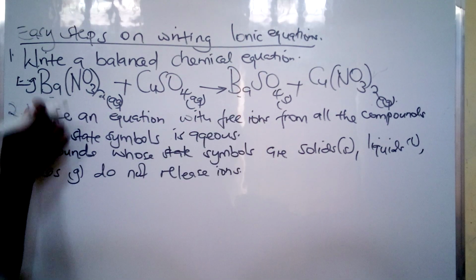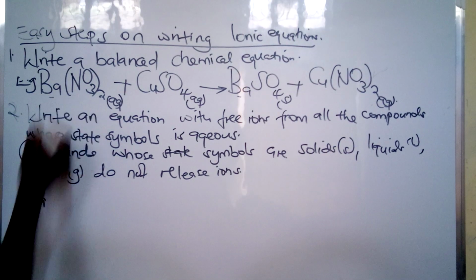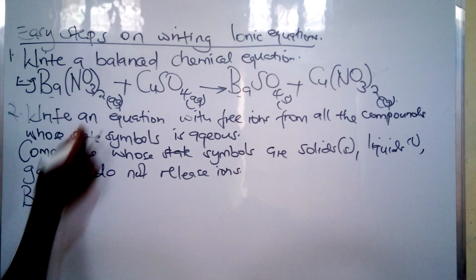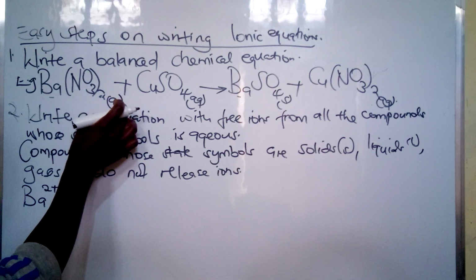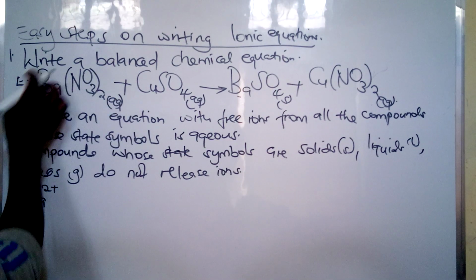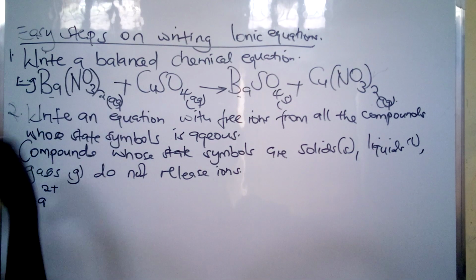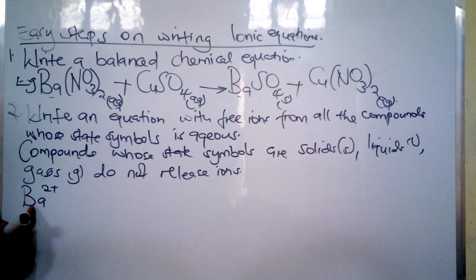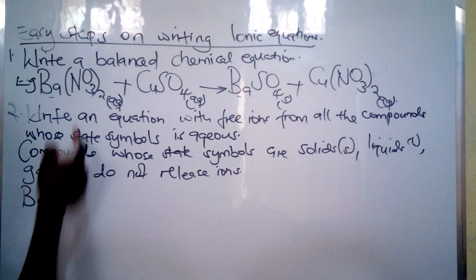So we have barium. It has a valency of 2, so it has 2 plus with a state symbol of aqueous, because the whole compound is aqueous. So the free ions are going to acquire the state symbols from their respective compounds. So we have barium 2 plus aqueous, plus nitrate.